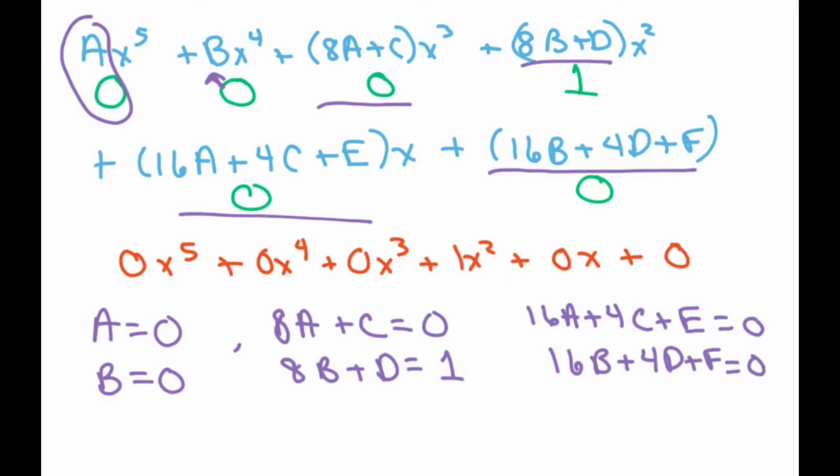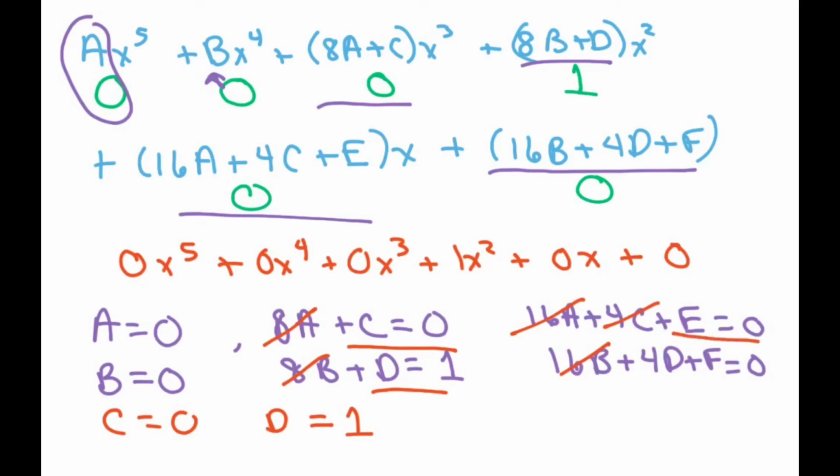Now, we know that A is 0 and B is 0, so I'm going to cross those out. Anything with the A and B I'm crossing out, because that's going to 0 out. So now we know right away that C equals 0, D equals 1. So if C is 0, that can cross out.